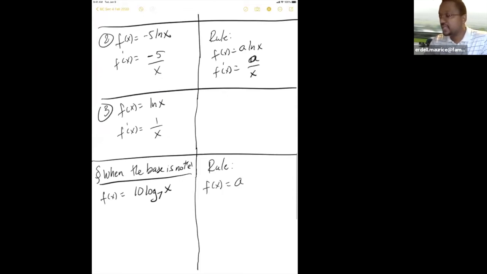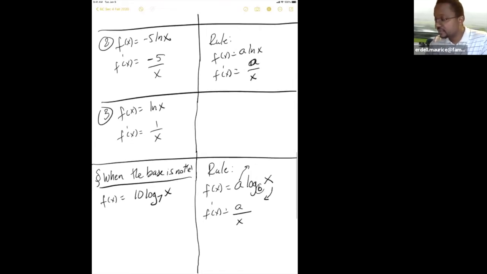So I have a log base b of x. The derivative is going to be a over x. So again, the a will rotate to the top and the x will rotate to the denominator. But see the b right here? It forms part of the denominator, ln of b.